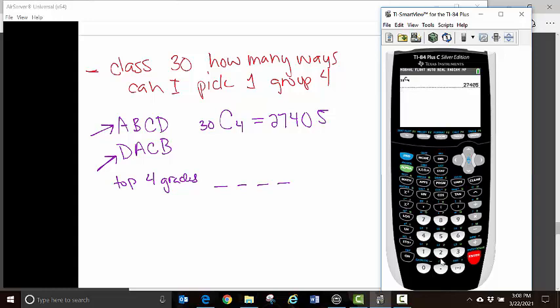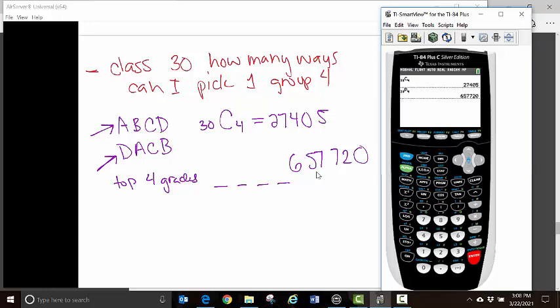So I would do 30 permute 4, and there's a ton more because all of those other groups before that we said were duplicates are no longer duplicates. Okay? Questions on that?